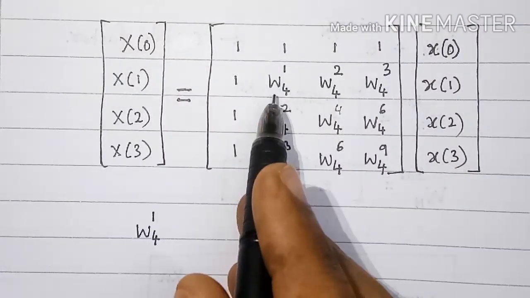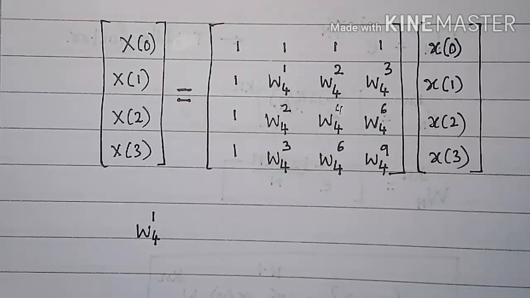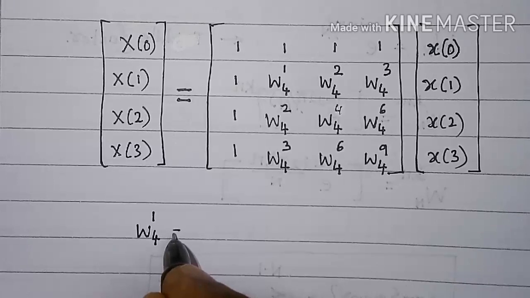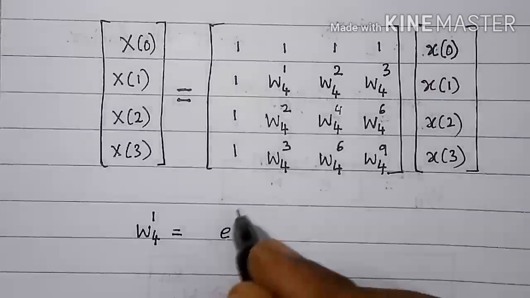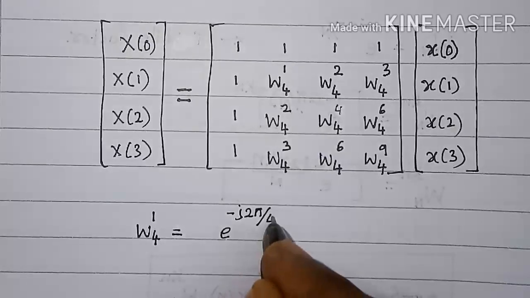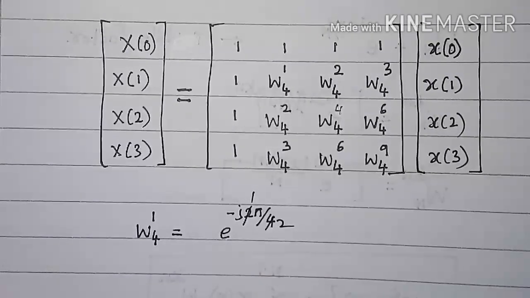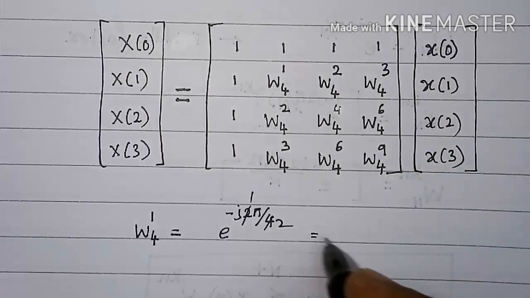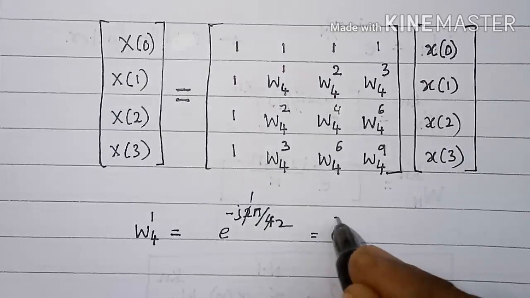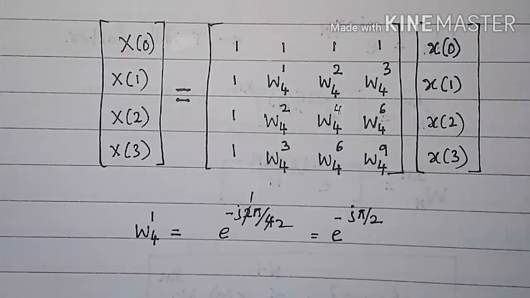Now we'll see what the values of W4 raised to 1, W4 raised to 2, and so on up to W4 raised to 9 are. W4 raised to 1 means e raised to minus j 2 pi by 4, which gives e raised to minus j pi by 2.